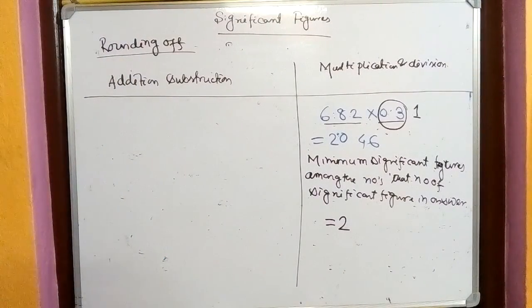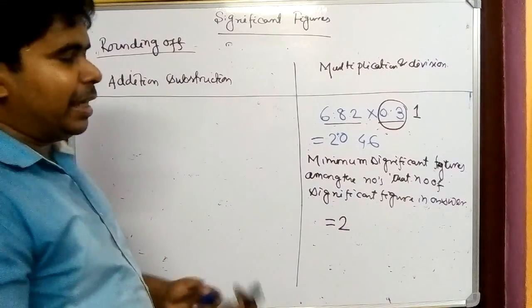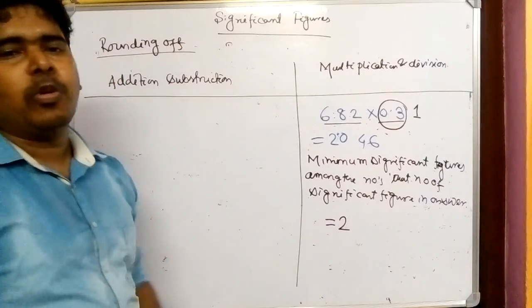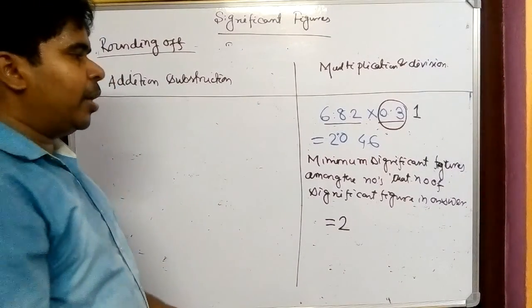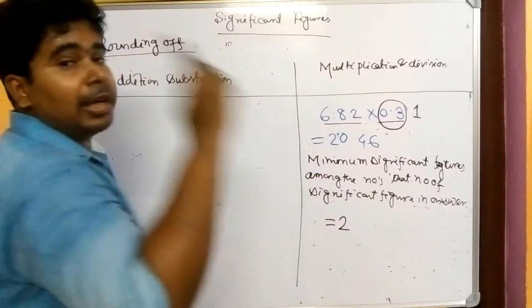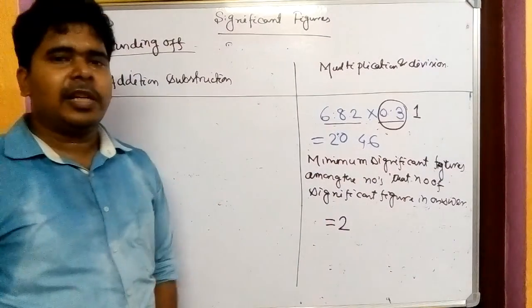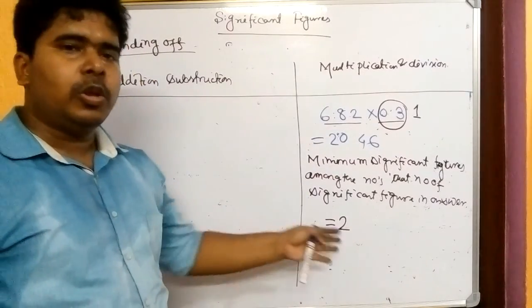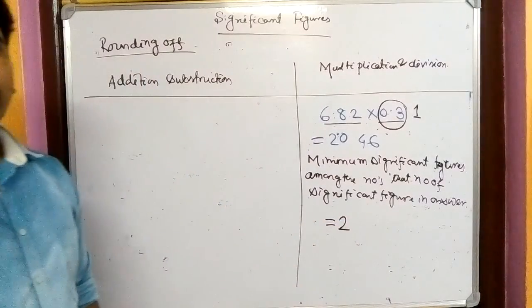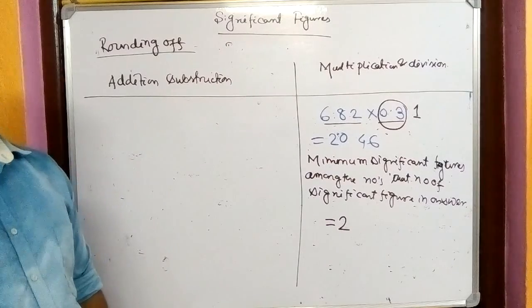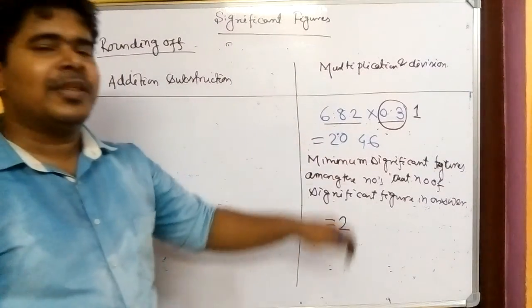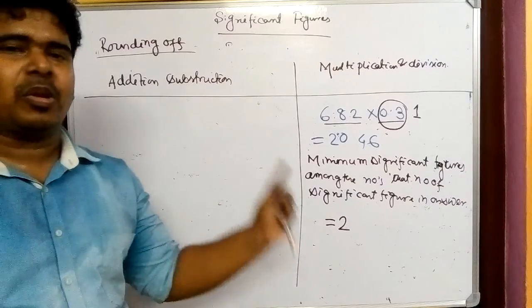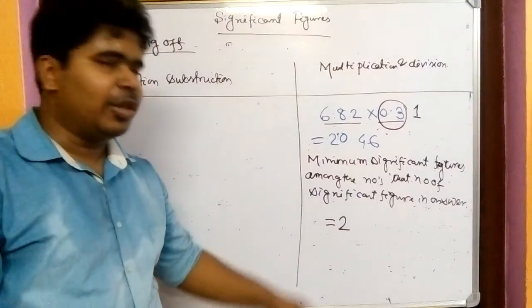In an exam, whenever you go for NEET, JEE, this type of question will definitely come, and you might think 2.046 is the correct one. Everybody will think that 2.046 might be the answer, but it is wrong. The answer should be 2.